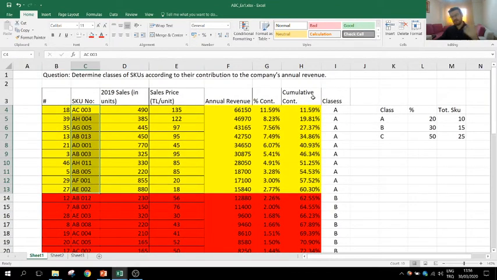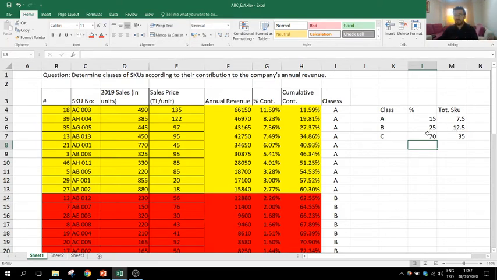Okay, so this is a simple example. This shouldn't always be true. You can simply change the percentages. You can say that A class items might be 15 percent, B class items might be 25, and then the rest might be 7%. Then you just need to choose the first 8 SKUs as class A items, then the next 13 SKUs as class B items, and so on.